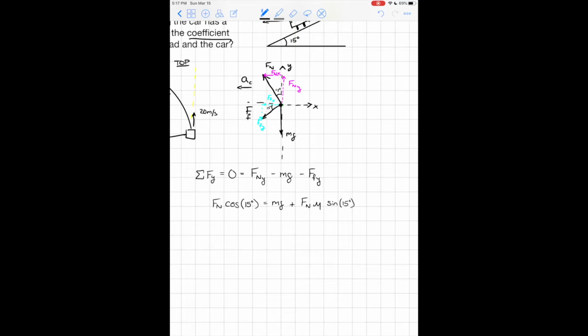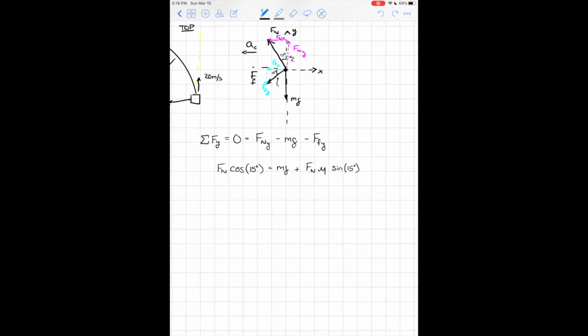Notice that we're taking one angle here relative to the vertical, one angle relative to the horizontal. That's why we're using two different trig functions for this. Okay, so I can actually consolidate my normal force after I factor out Fn.